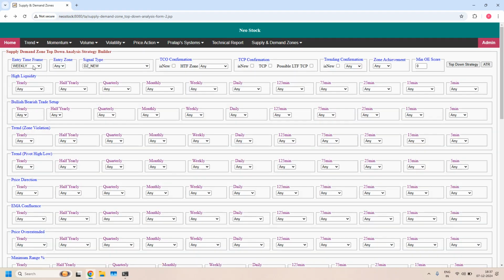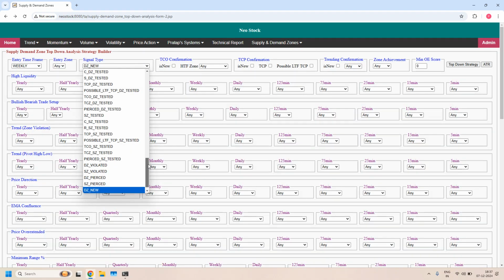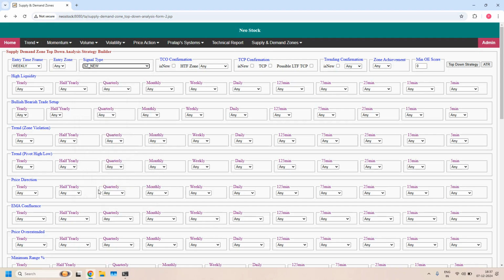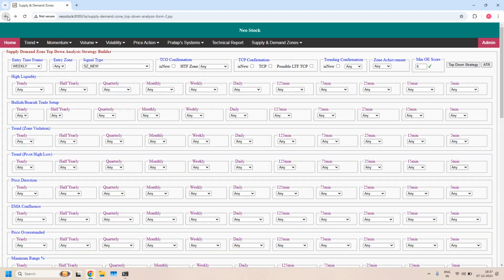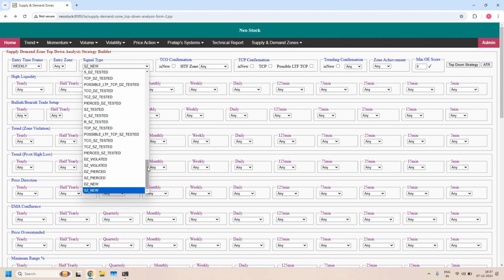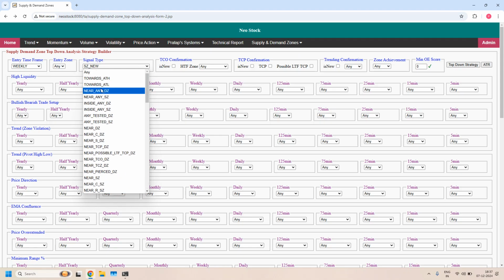Next, weekly time frame. Let us find the stocks having newly created weekly supply zones. Now weekly supply zones are created during this week. New supply zones. Okay, next, for the weekly time frame, let's find the stocks where price closed inside the weekly demand zone.